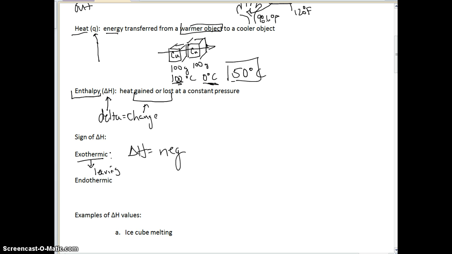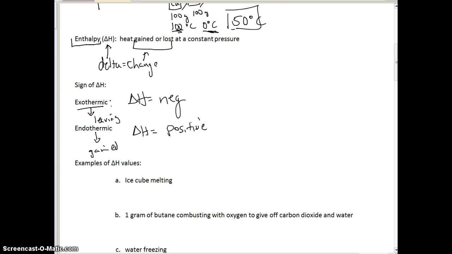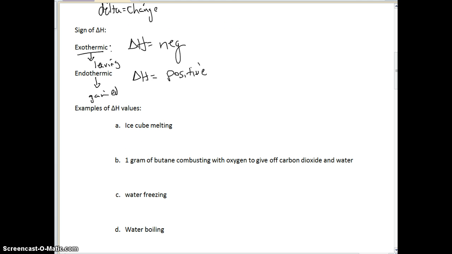Whereas in an endothermic reaction, delta H is going to be a positive value because heat is being gained. Heat's going in. And so let me give you some examples of what we're talking about. The example of delta H value.